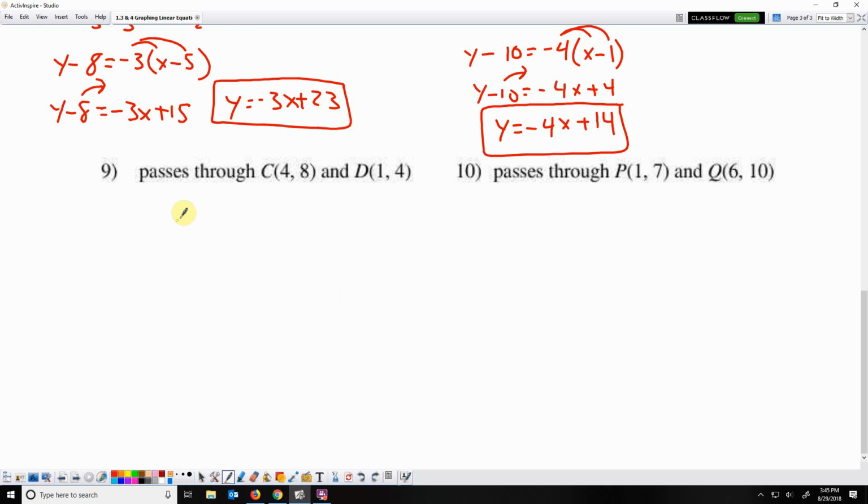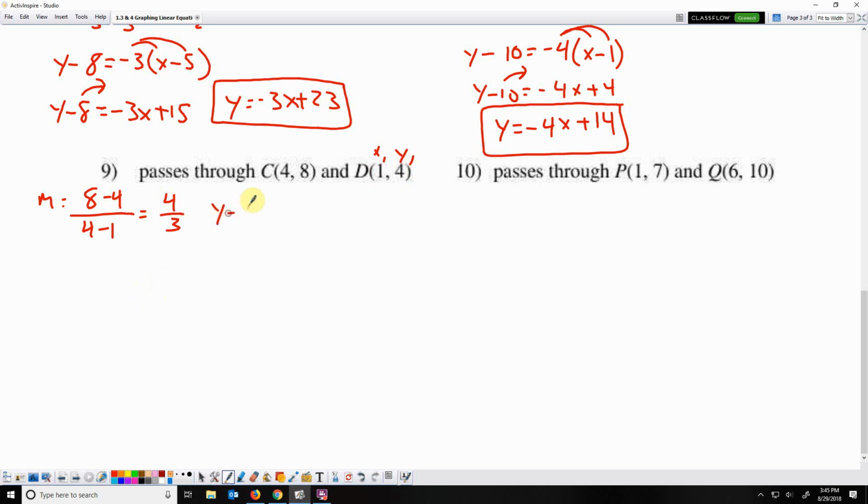Okay, once again we need to find the slope. 8 minus 4, y minus y, over x minus x, 4 minus 1 is 4/3. So the slope this time is 4/3. So let's use 1, 4 as my x1, y1.